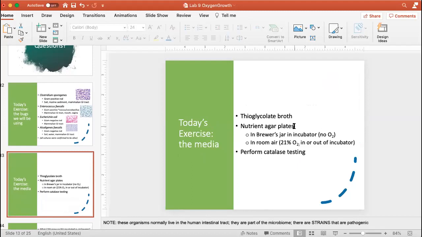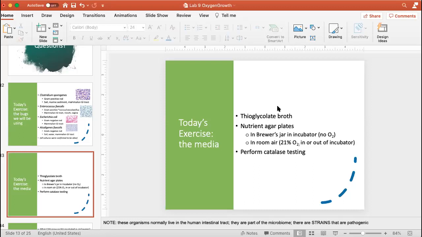The reason we're going to use those plates is so we can test to see if they can grow in a brewer's jar and if they can grow in room air. In other words, can they grow on nutrient agar exposed to oxygen, that 21% oxygen level? And can they grow in a brewer's jar with no oxygen? And the last thing we'll do is perform catalase testing.